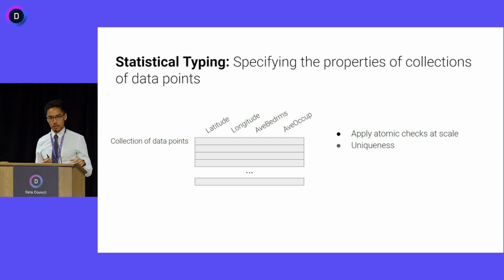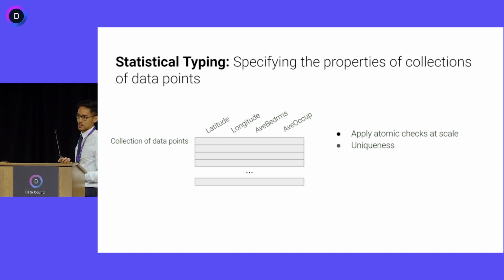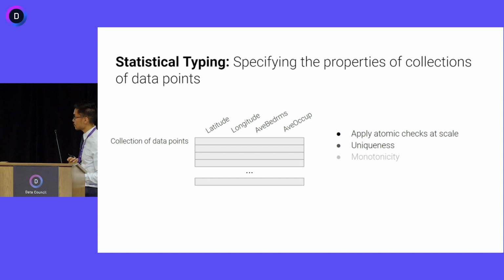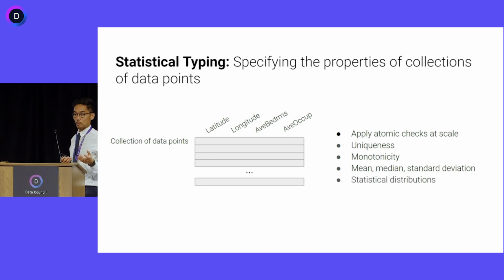But something you can't do with a single data point is assess uniqueness. This is, I wouldn't say an emergent property, but it is a property that is only meaningful with collections of data. Same with monotonicity, your friends mean, median, standard deviation, classic descriptive statistics, maybe normality checks, chi-squared tests, things like that.